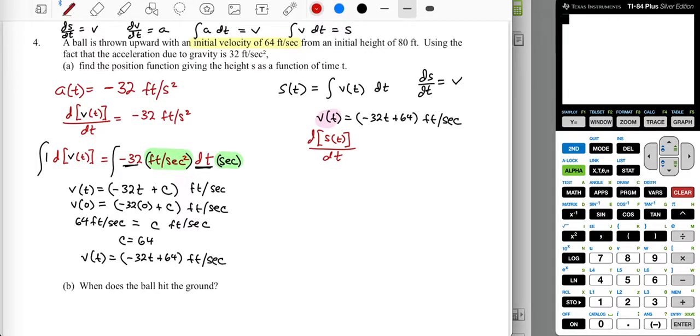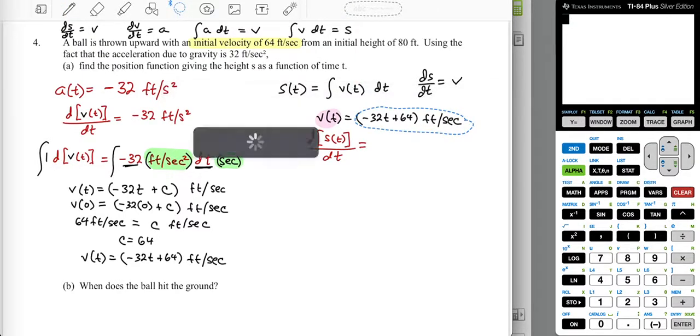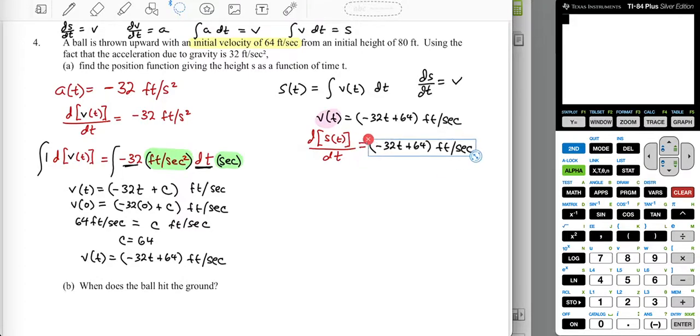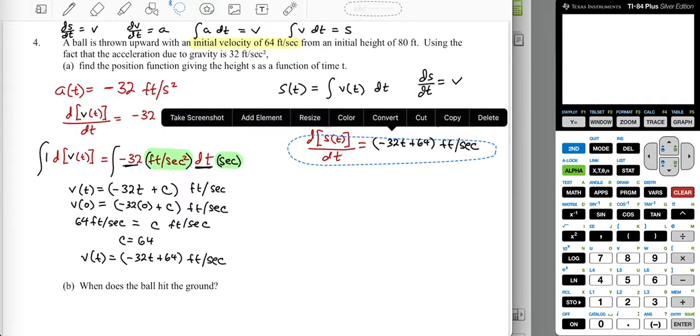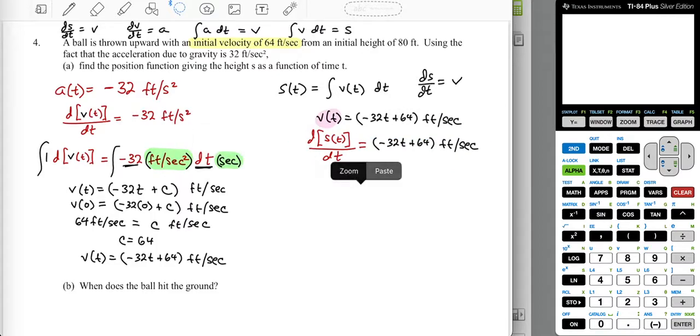So ds dt is going to be equal to the whole right-hand side. Which in turn is going to lead to the next step in the process, which is basically going to boil down to the dt getting smidged over to the other side, and then we integrate both sides.